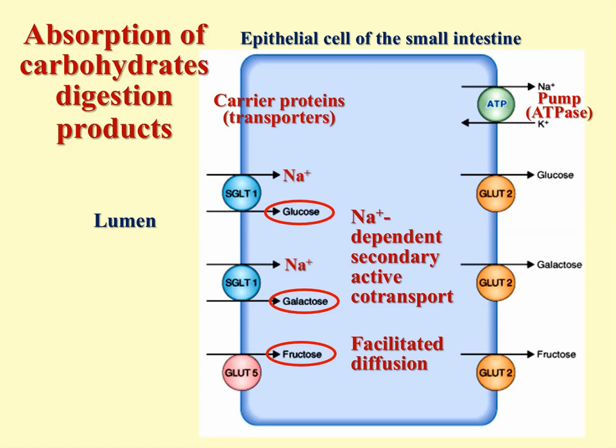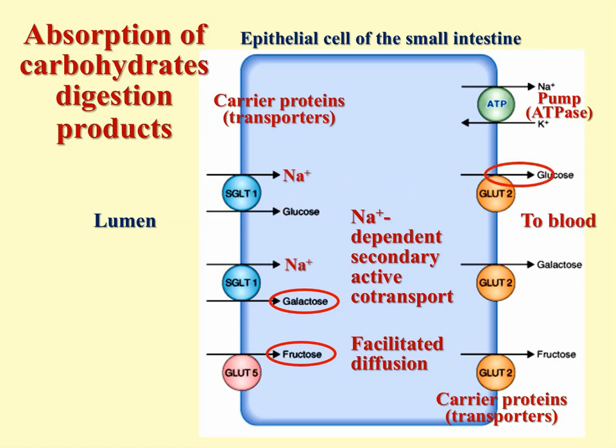Notice all these transporters are insulin independent, not related to insulin. Glucose, galactose, and fructose all are transported into blood. So mostly, not all of them, but mostly the simple carbohydrates, monosaccharides, are transported by secondary active transport.